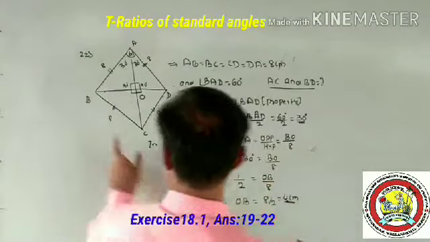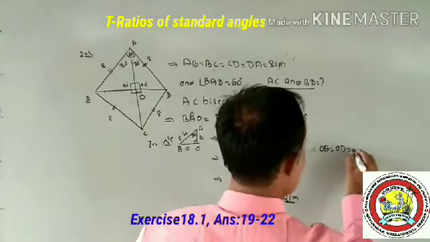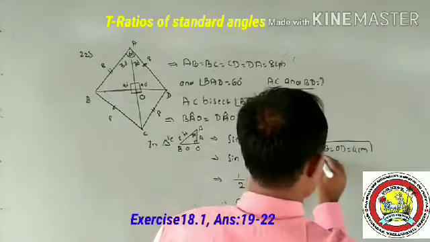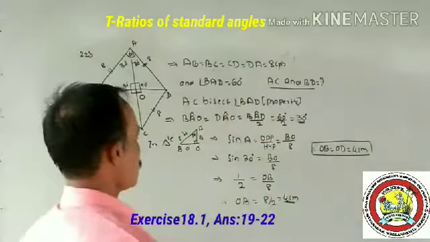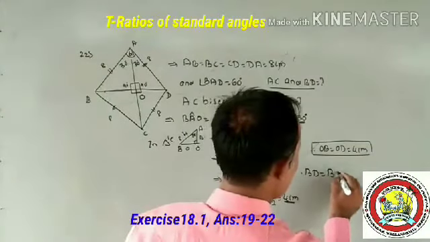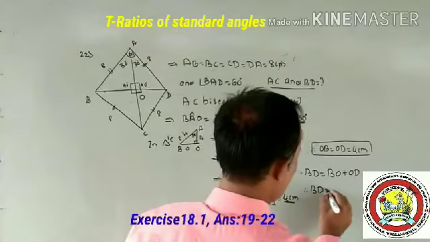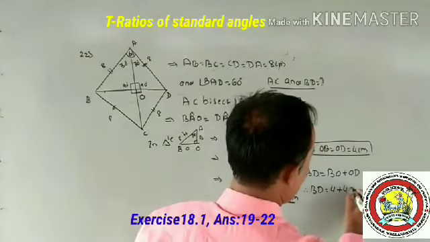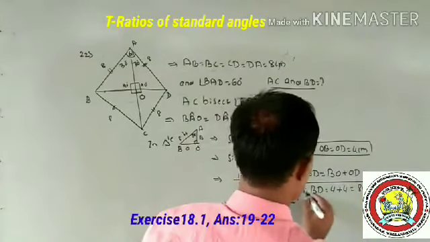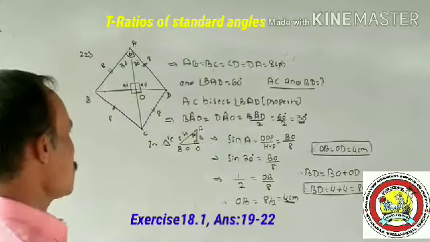Diagonals bisect each other at right angles. Therefore BD is equal to BO plus OD, that is 4 plus 4 is equal to 8 centimeters. The length of diagonal BD is 8 centimeters.